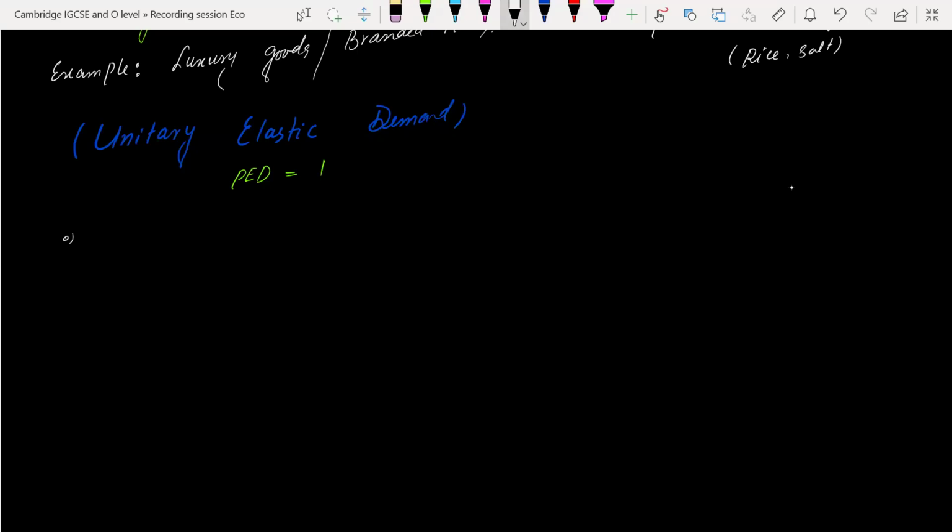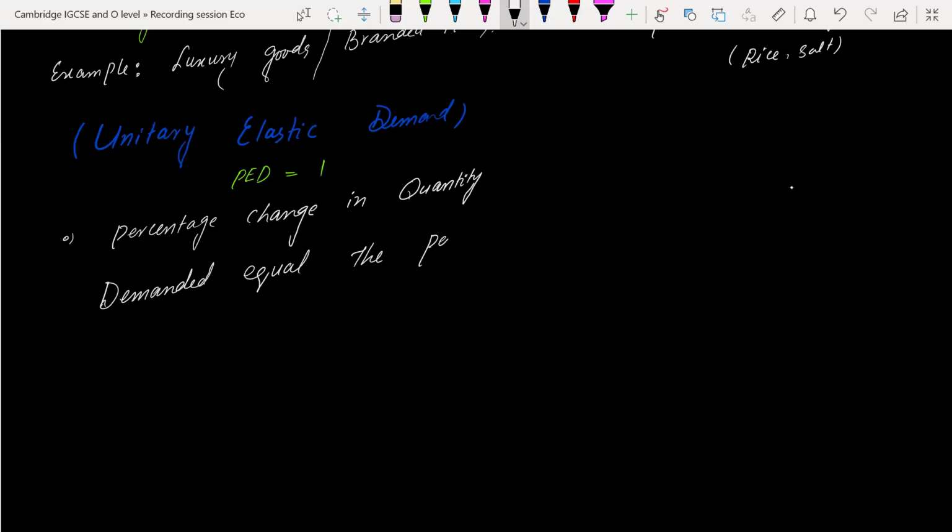Percentage change in quantity demanded equals the percentage change in price.